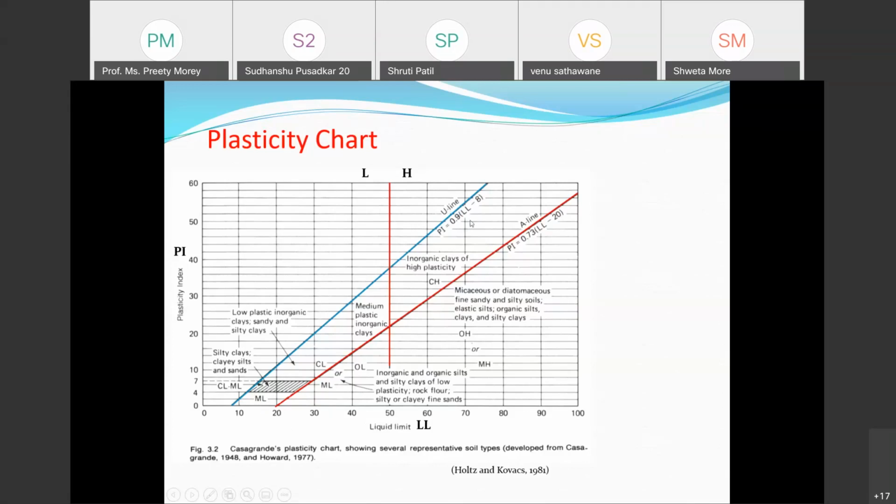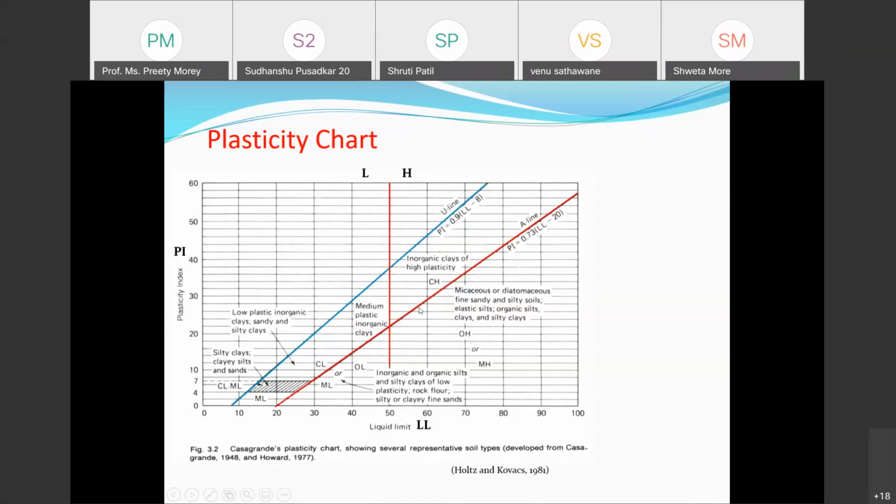The equation for the A-line and U-line, between PI and LL, that is plasticity index and liquid limit, is PI equals 0.73 times (LL minus 20). So once I know this, I can draw this red line, and for the U-line it is 0.9 times (LL minus 8).